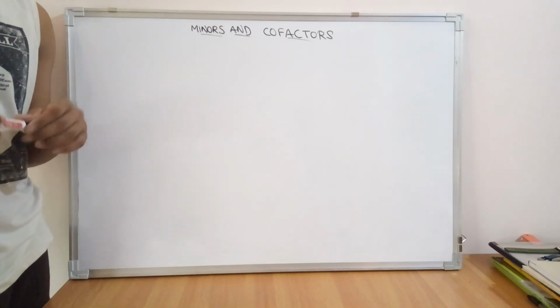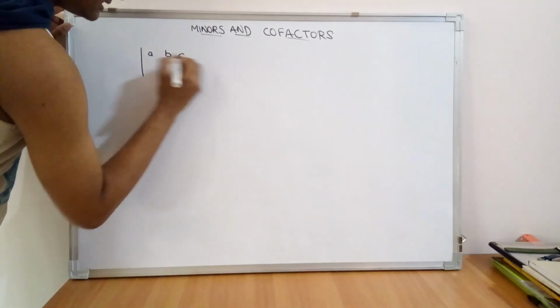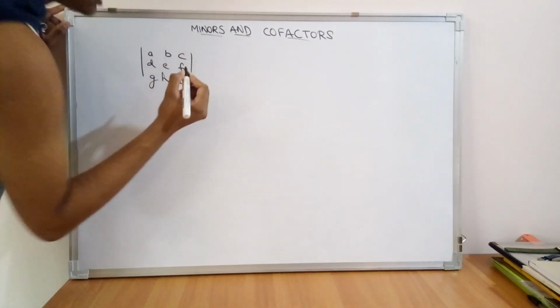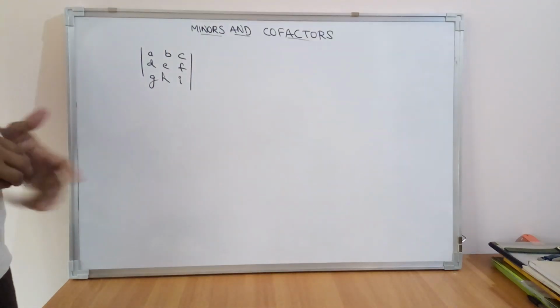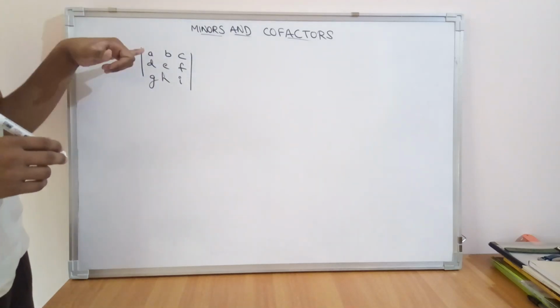So first of all, let us consider a simple determinant: A, B, C, D, E, F, G, H, I. Minor should be considered only for one element of a determinant.